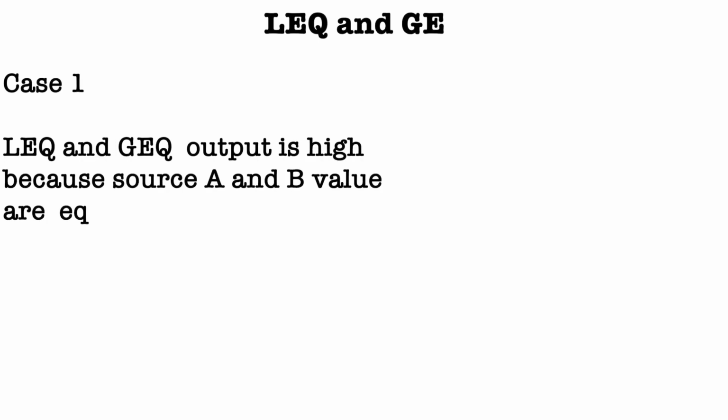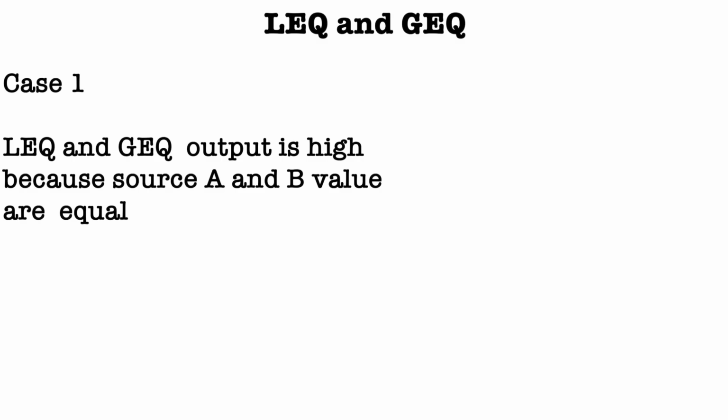LEQ is less than or equal to and GEQ is greater than or equal to, right? LEQ provides output when source A is less than source B, and GEQ provides output when source A is greater than source B, right?